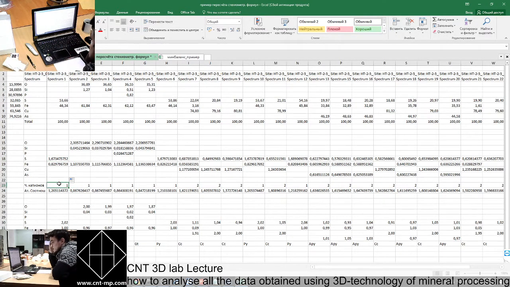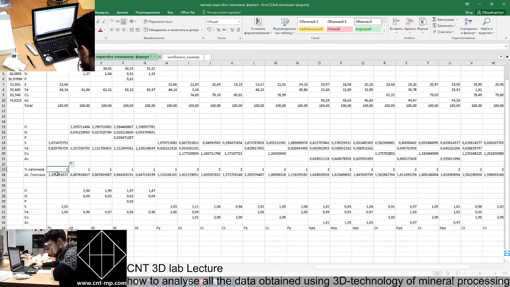Also, as sometimes we don't know which mineral we see, we can analyze what cations it consists of. Most of the minerals, I mean ore minerals or heavy minerals, consist of one or two cations, and this is very important for future counting, future analyzing of minerals.